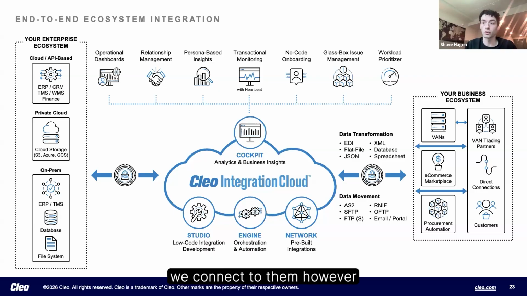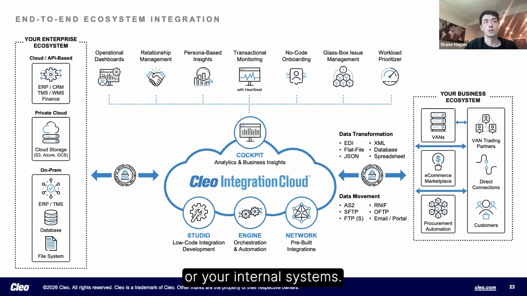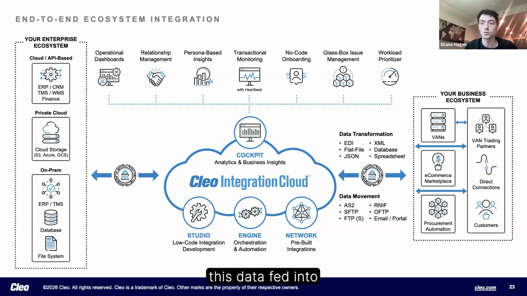We connect to them however they want to be connected, and we start moving data from their B2B application to our internal systems, or your internal systems, right? Whether this is your ERP, your TMS, WMS, or any other application that you want this data fed into or feeding data out of. So we establish end-to-end integration there with our integration engine.